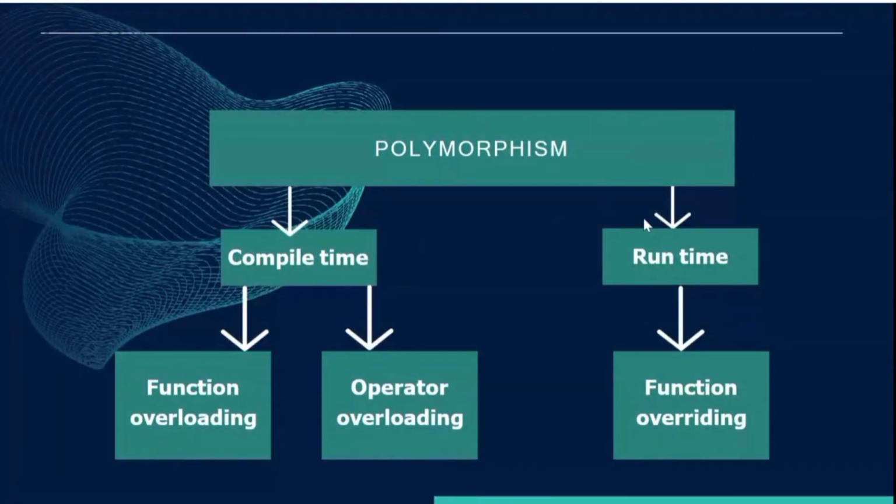Runtime polymorphism is also known as dynamic polymorphism, and compile time polymorphism is known as static polymorphism for the same reason. Now, before going to function overloading and operator overloading, I would like to give a daily life example for compile time polymorphism to make it more clear.